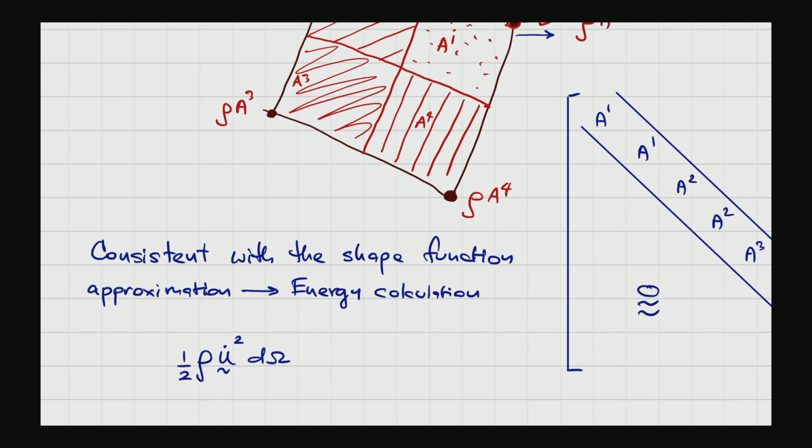It will be the volume, it will be the area. This part here, your u dot squared, your u dot, is given by the function of the delta u, and this is approximated by the shape function.